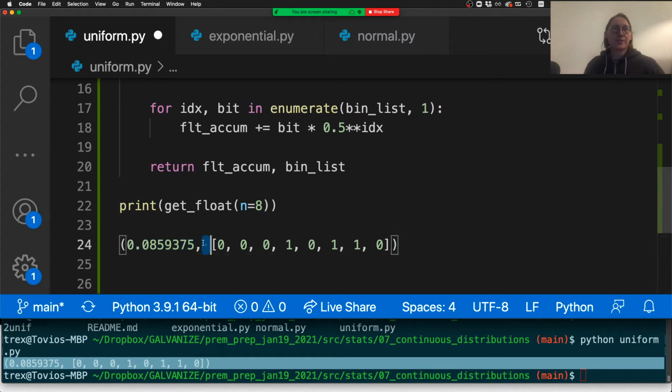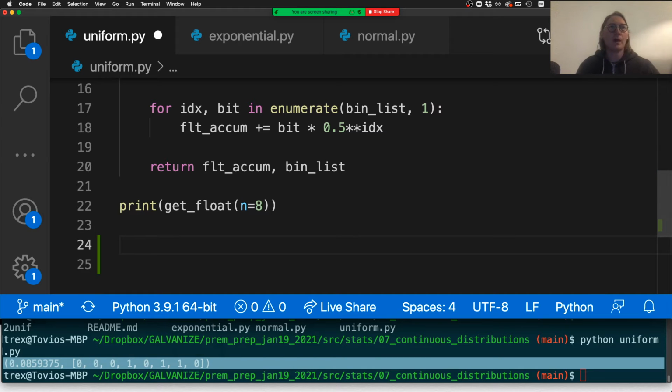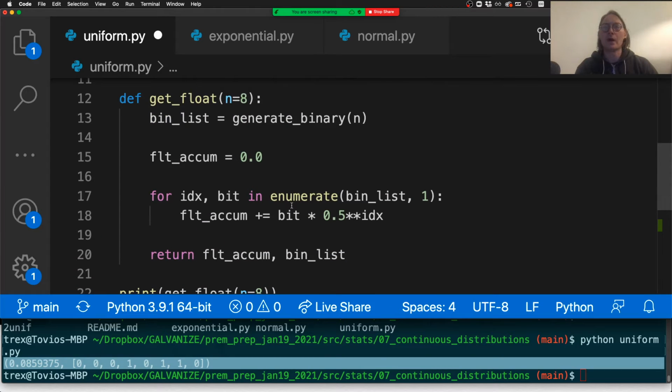If I run this a bunch of times, and push this into a dictionary and check to see what the frequency of certain values is, maybe dump these into buckets or something like that, I'm going to see that this is generating a pseudo-continuous value. It can't truly be continuous, right, because it's a computer, but it's generating a continuous value between 0 and 1.